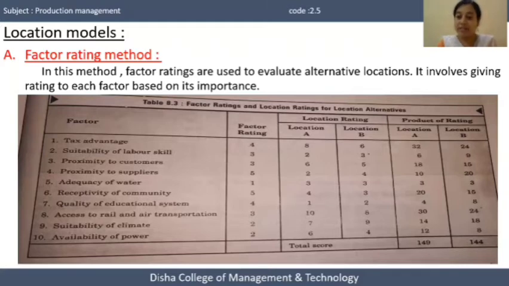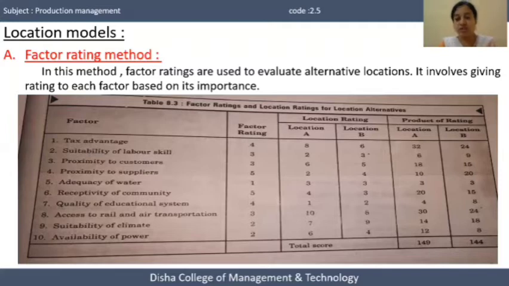So after calculating various product ratings of different locations, he has to compute the sum for location A and the sum for location B. The sum of location A he calculated is 149, and the sum of location B is 144. Means the total score of location A is 149 and the total score of location B is 144.